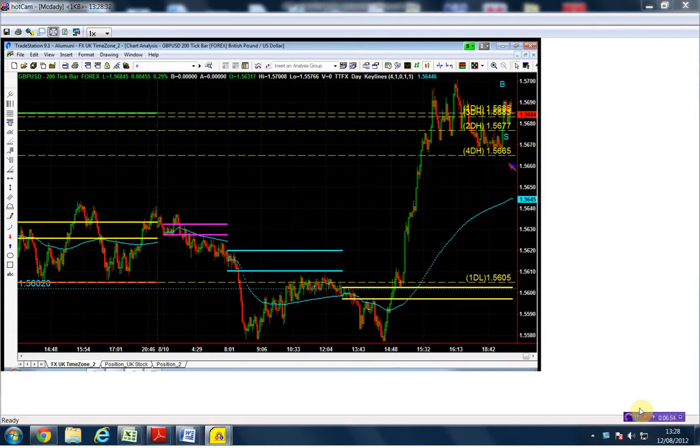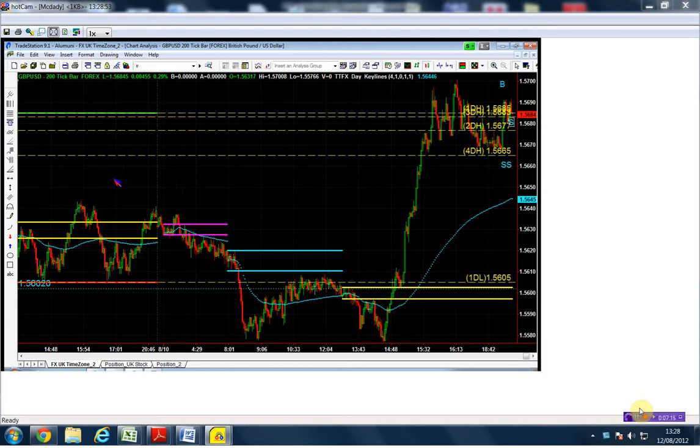So right here, this will be our short point, and we're going to use the 156.77 or 75 to be our stop.